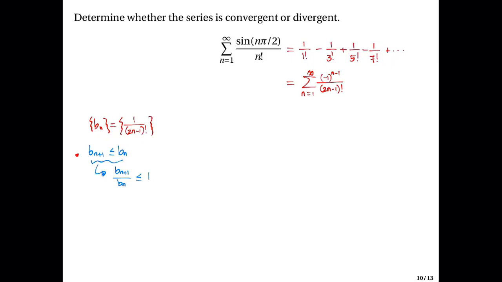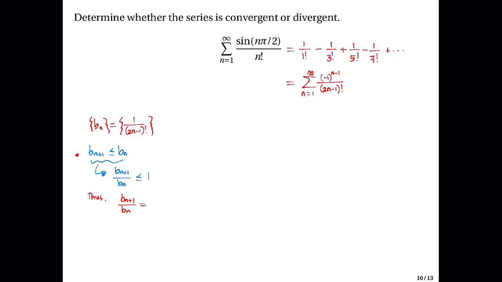So thus, we have Bn plus 1 divided by Bn. This is equal to, yung Bn plus 1, we have 1 over 2 times n plus 1 minus 1 factorial. Kunin ko yung reciprocal ni Bn para hindi masikip dito sa part na to.